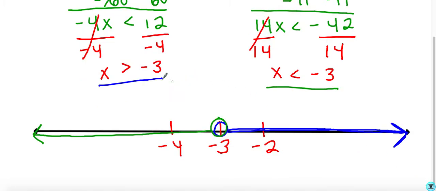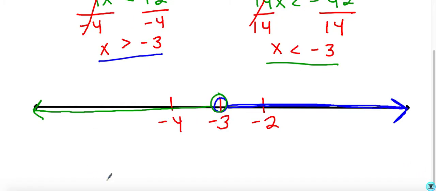However, notice that none of these inequalities include -3, so it's not all real numbers. So we do have to write x is greater than -3 or x is less than -3. If one of these inequalities was less than or equal to or greater than or equal to, and this was shaded in, our solution would be all real numbers.